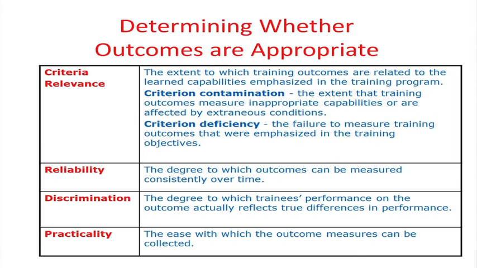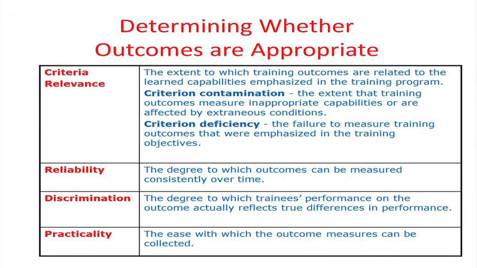So, you have to see which of the capabilities developed by the people are really relevant, and the extent to which they are affected by other external variables. Then you have deficiency. What is deficiency? The failure to measure training outcomes which were emphasized in the training program, right. So, that comes under relevance.